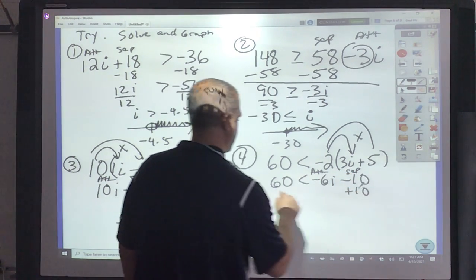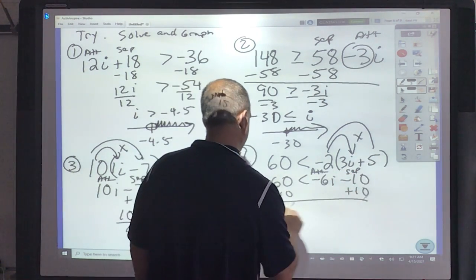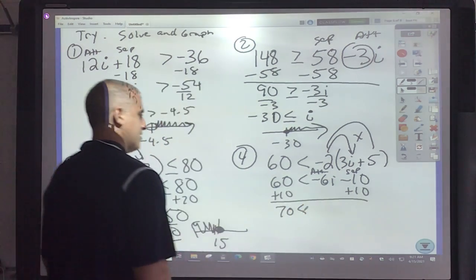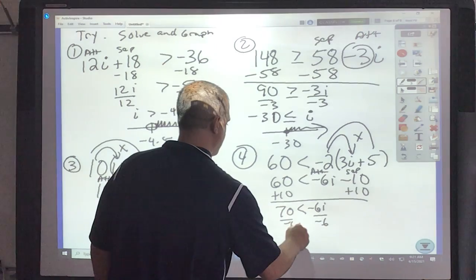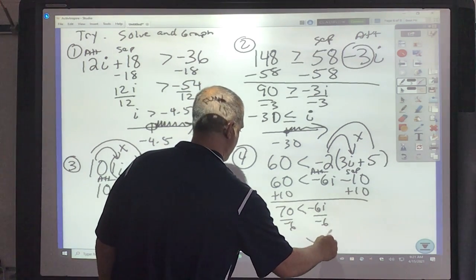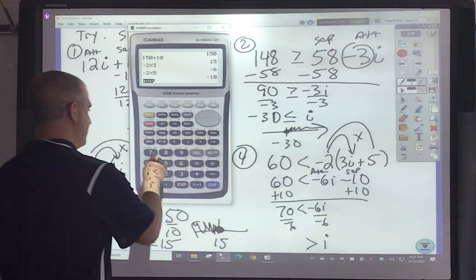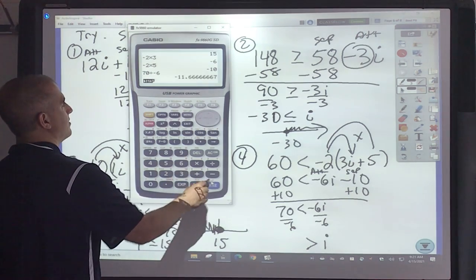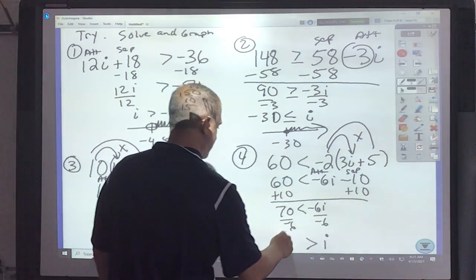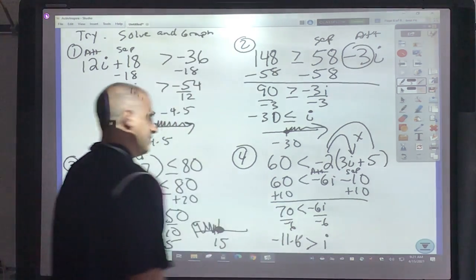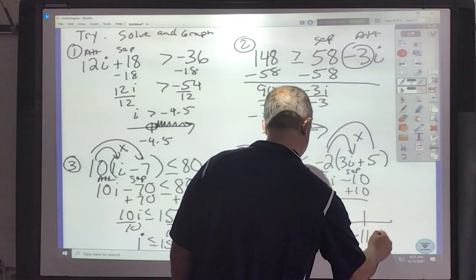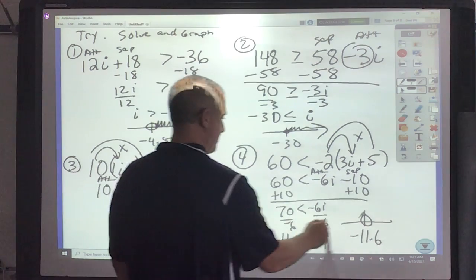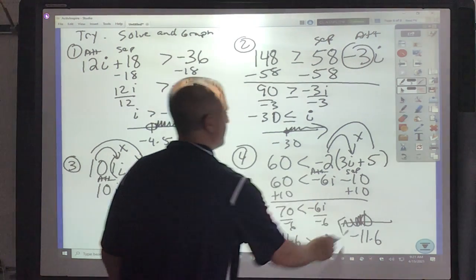So I add 10, I get 70 less than negative 6i. Now, I want to divide by negative 6. What's that going to do? It is going to flip around the inequality, okay? 70 divided by negative 6, okay, negative 11.6. I don't have to worry about rounding, okay? That's fine, all right? So I got an open circle at negative 11.6, and since it's eating the number, I shade to the left, okay?